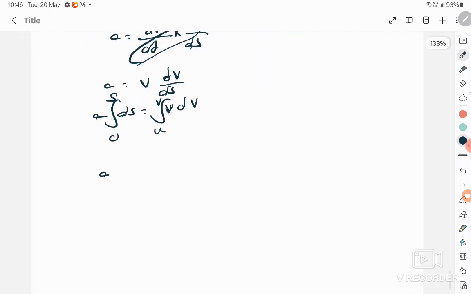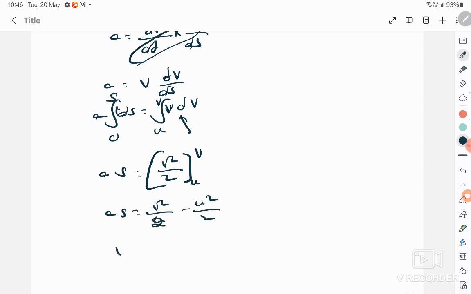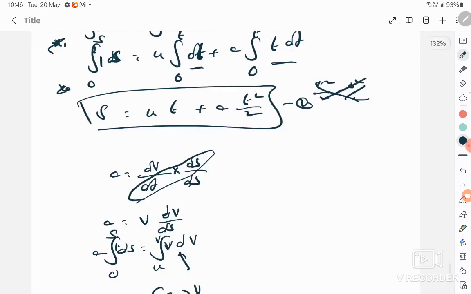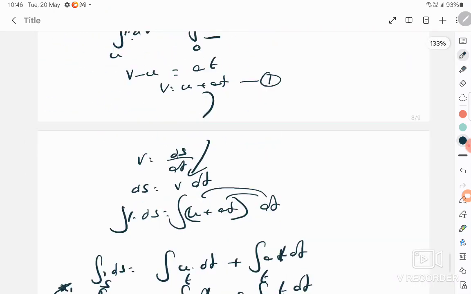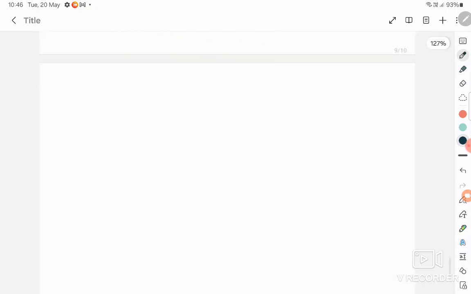As you integrate 1 ds it becomes just s, upper limit minus lower limit. A v dv is v square by 2, and upper limit minus lower limit will be v square by 2 minus u square by 2. Hence v square minus u square is equal to 2as, and thus you got all the three equations of motion using calculus method. Play it again and again and become very clear with the calculus method.